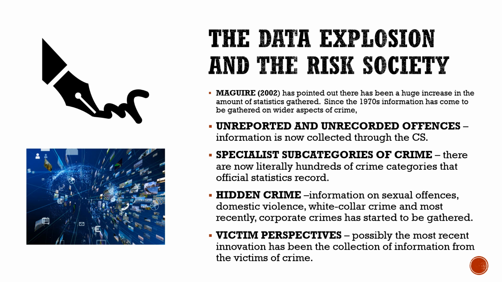The crime statistics are beginning to break crimes down into such precise, fine detail that there are hundreds and hundreds of different categories that are recorded in the official statistics. Hidden crimes are a new area that self-report studies are beginning to look at.